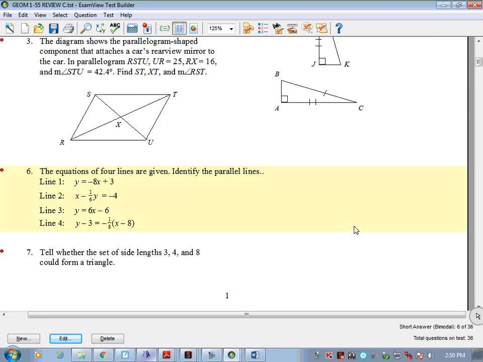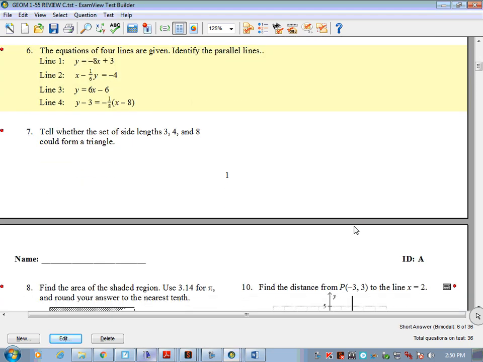All right, number 6 requires us to first look and see what type of lines we're trying to compare, or show which lines are parallel. Parallel lines have a relationship with slopes. Parallel lines in slope-intercept form have the same slope.